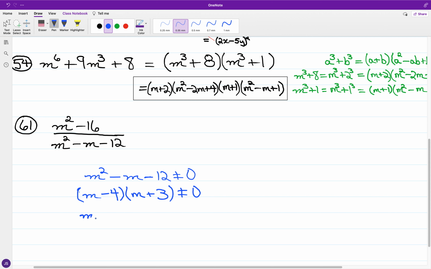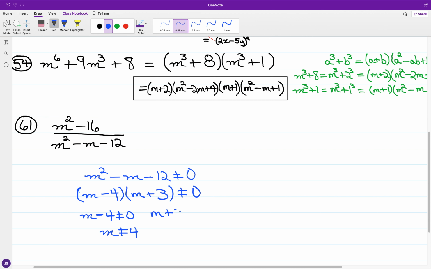Now we're utilizing the zero product property, but we're looking at what will be excluded, since we cannot have 0. So if m minus 4 cannot be 0, we have that m cannot be 4.